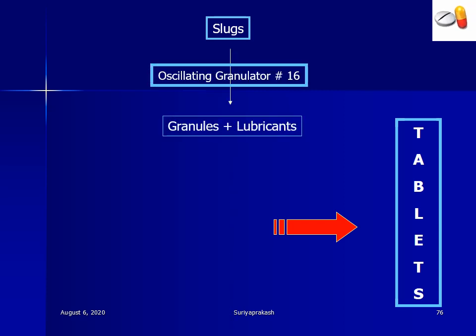It's very simple. You prepare the slugs by adding the drug, diluents, starch powder, and passing it through the oscillating press. Slugs are prepared. These slugs are passed through a 16 mesh oscillating granulator. Add lubricants, then compress it and you will get the tablets.